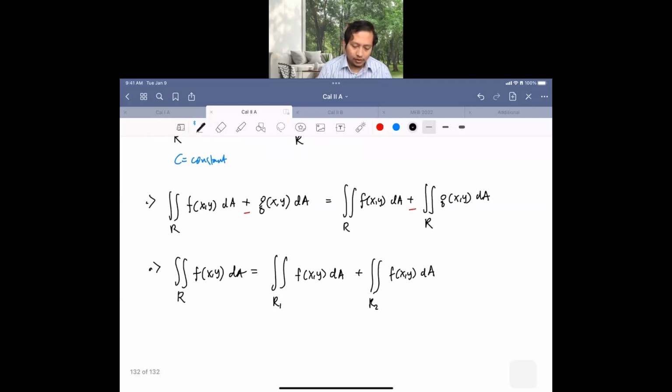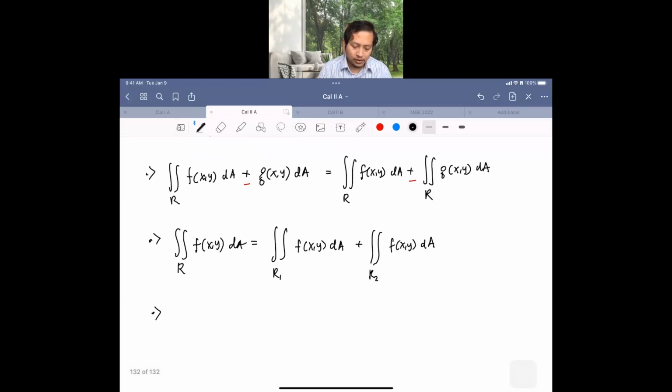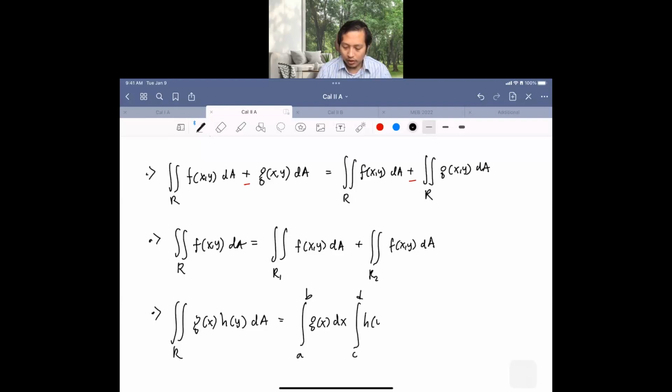Okay, and the last one, I think the most important within these multiple integrals: if you have two functions, let's say g of x and h of y, we can write this as separate integrals, g of x with dx and h of y with dy. We can also do this property.